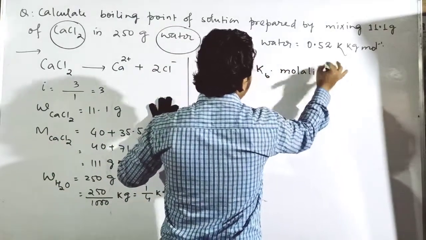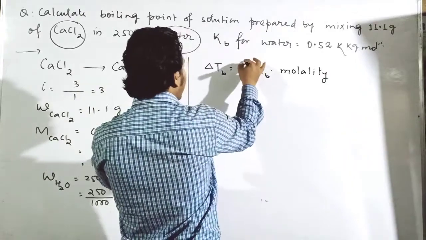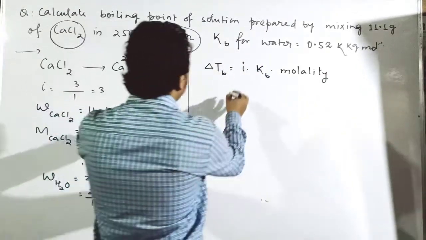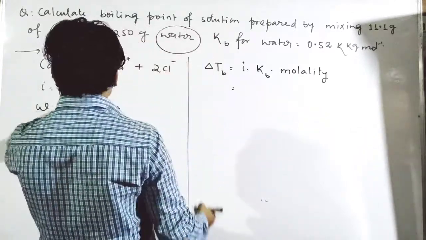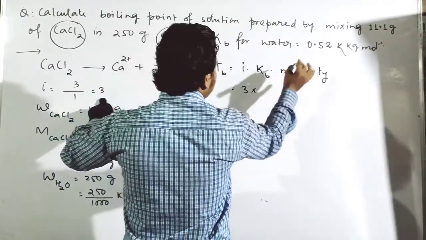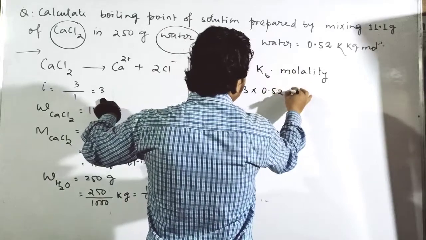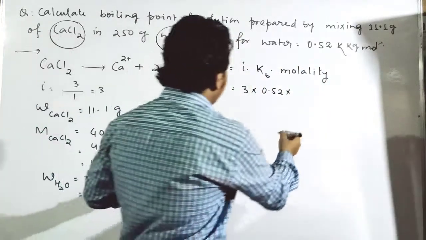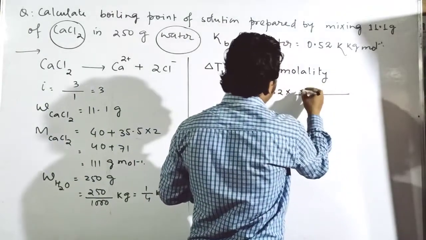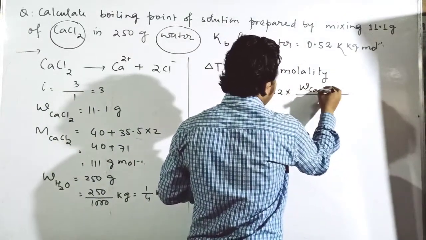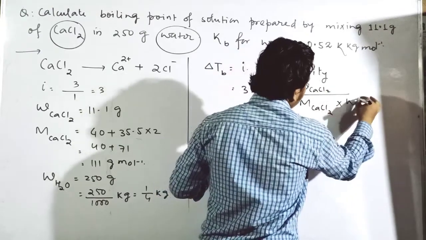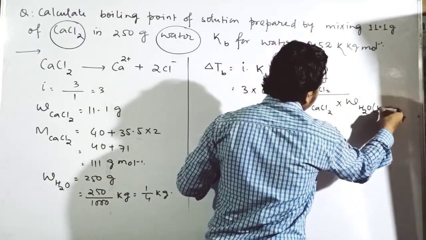In the formula, i will be there if association or dissociation occurs. What is i? i is 3. What is Kb? Kb is 0.52. What is molality?